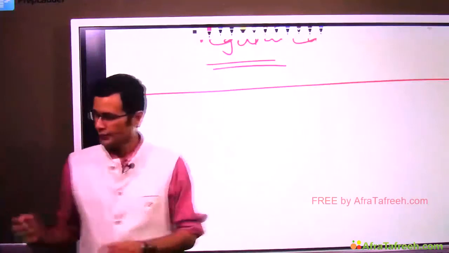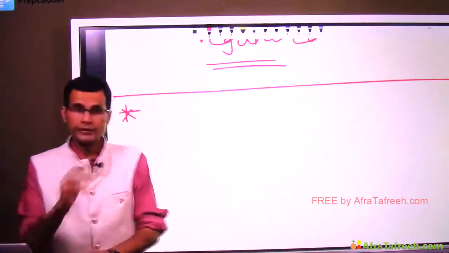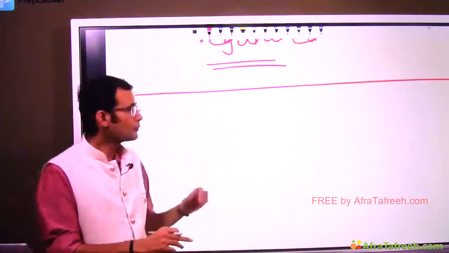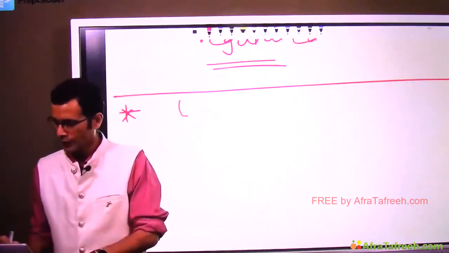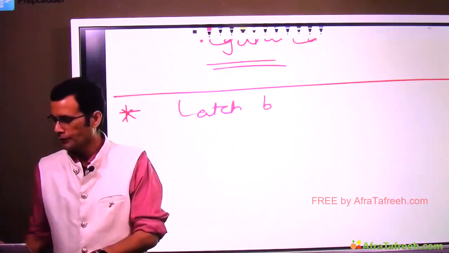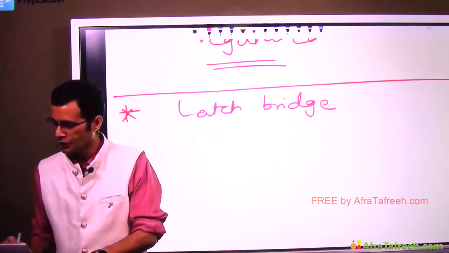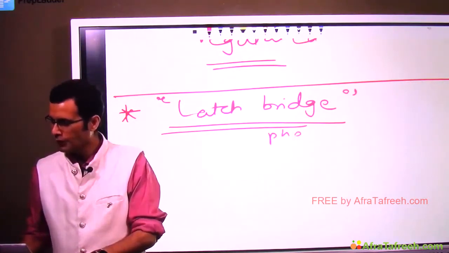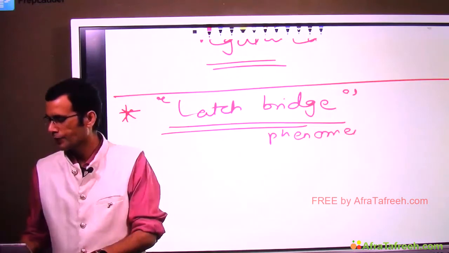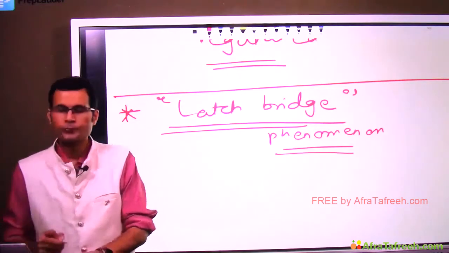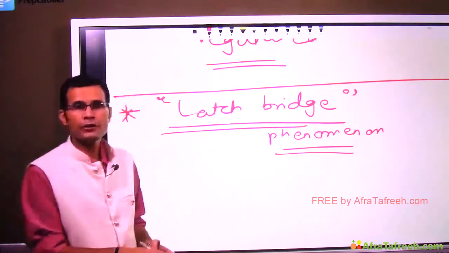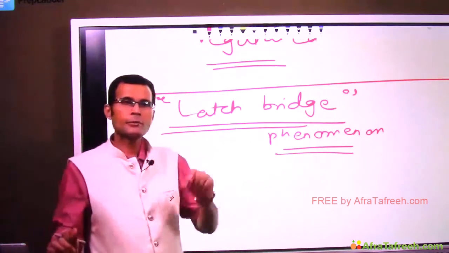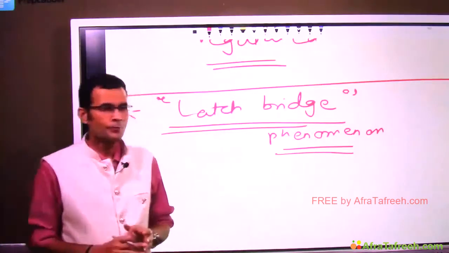The next feature, and this is a very important feature, is that smooth muscle shows a phenomenon called latch bridge. The latch bridge phenomenon is typical of smooth muscle contraction. Let me just tell you the background of this.